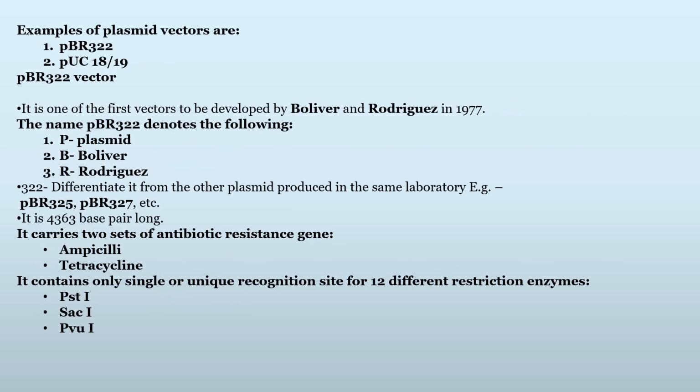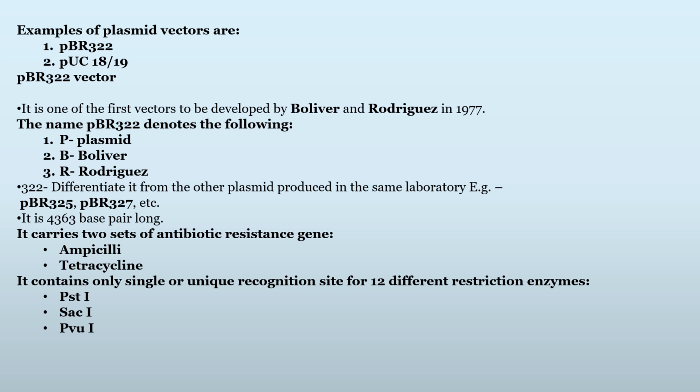Examples of plasmid vectors are pBR322 and pUC18/19. pBR322 vector. It is one of the first vectors to be developed, by Bolivar and Rodriguez in 1977. The name pBR322 denotes the following: p is plasmid, B is Bolivar, R is Rodriguez, and 322 differentiates it from the other plasmids produced in the same laboratory, which are pBR325 and pBR327, etc. It is 4363 base pairs long.